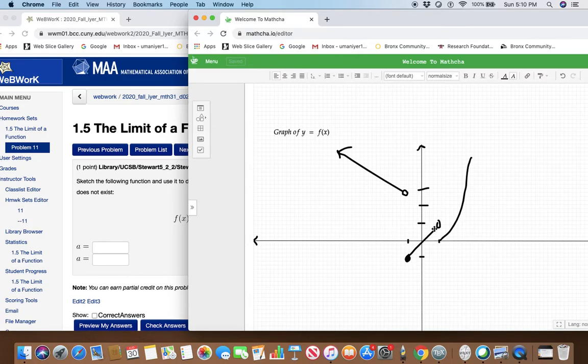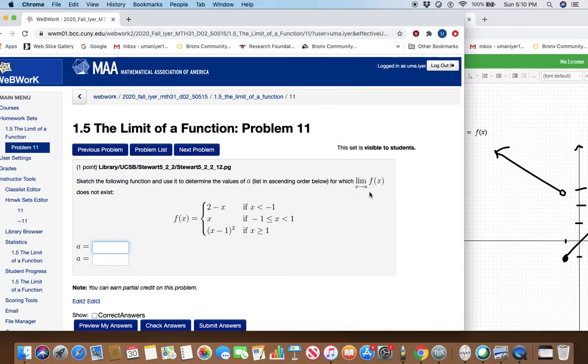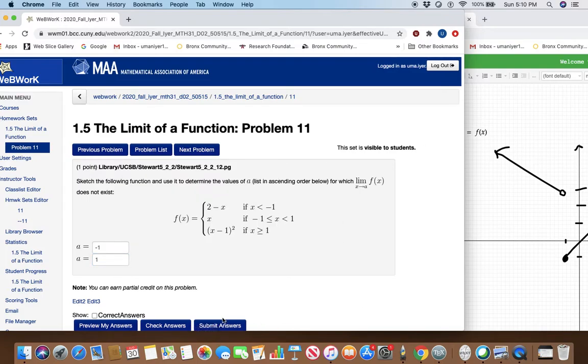The left hand limit goes to +1, the right hand limit goes to -1. So at -1 and +1, the limits do not exist. You want to find those values of a for which the limit does not exist. One is -1, the other is +1.